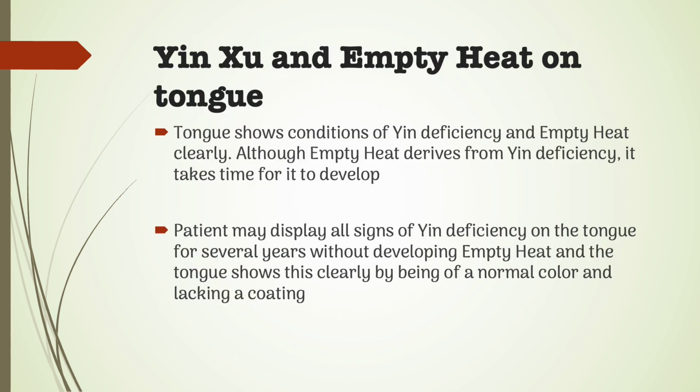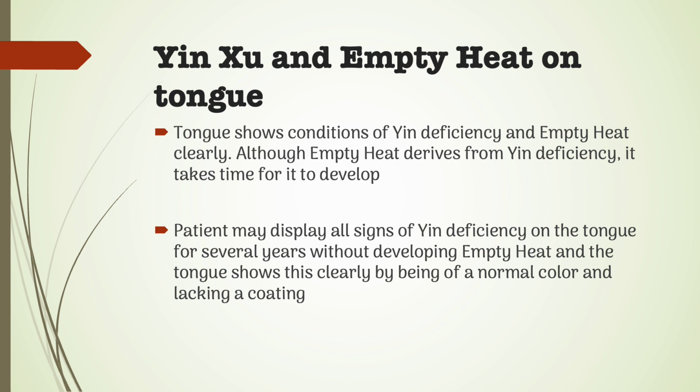The tongue shows conditions of yin deficiency and empty heat clearly. It is important to understand that although empty heat derives from yin deficiency, it takes time for it to develop. Therefore, a patient may display all the signs of yin deficiency on the tongue for several years without developing empty heat. And the tongue shows this clearly by being of a normal color and lacking a coating.